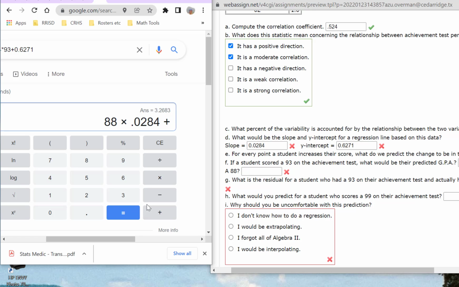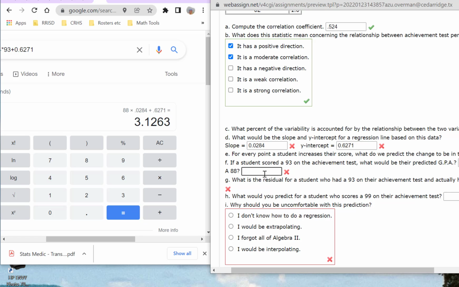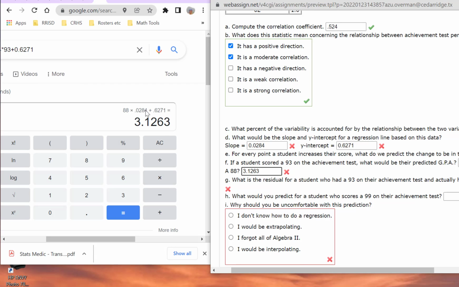We'll double check. Our y-intercept was 0.6271, equals, and we're getting 3.1263. By the way, if this comes back wrong, it could be because I didn't have parentheses there. It should do the multiplication first and wait to add that 0.6271, but if you want to be safe, you can always add them.